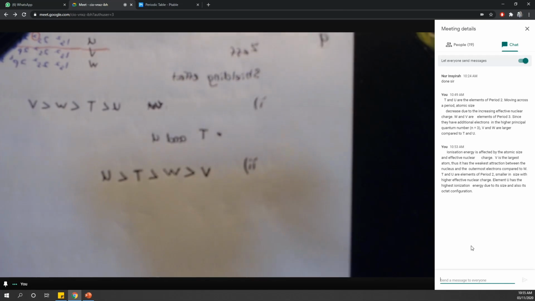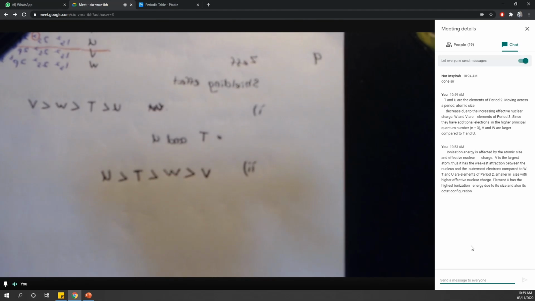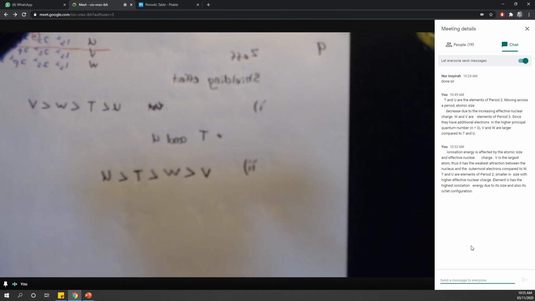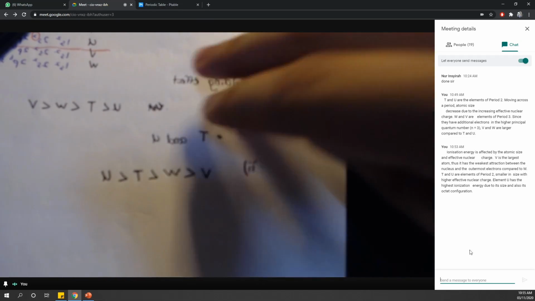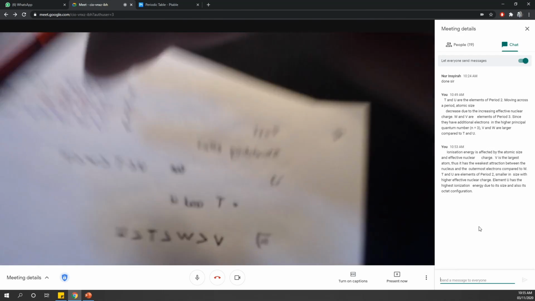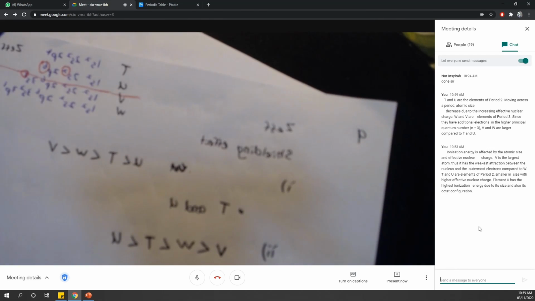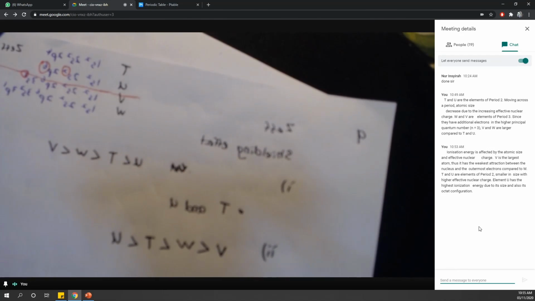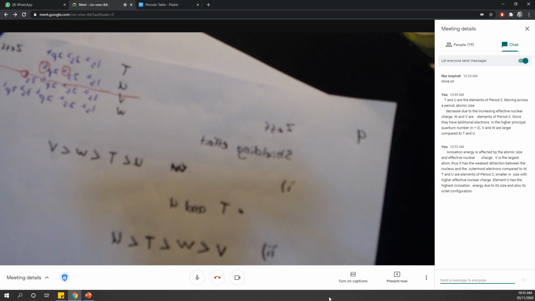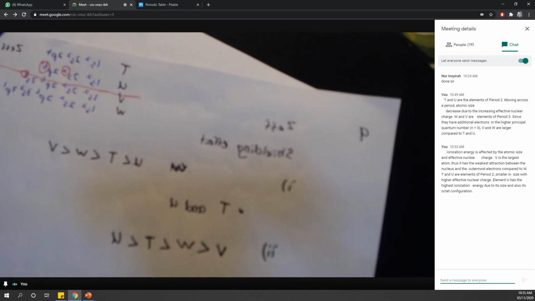Yeah, so inert is any elements yang orbital yang terakhir dia, yang kita isi akhir tu penuh. Ada tak yang kita isi T, U and V? Yes, U penuh kan? Yes, so U is the answer. And you tak perlu banyak-banyak explanation. Dia cakap U dah dapat markah.